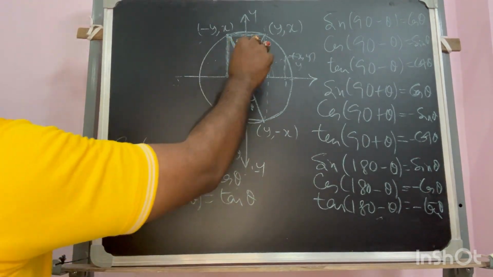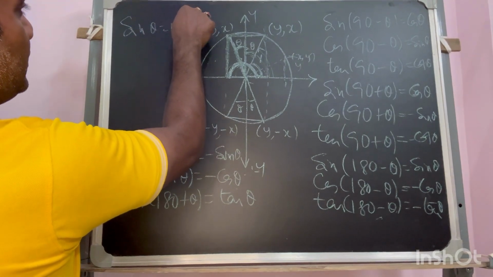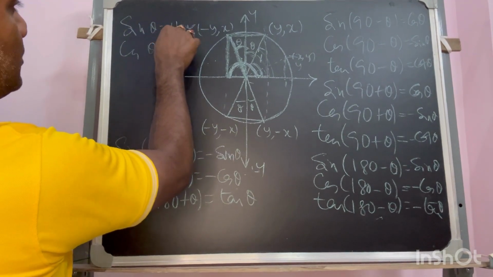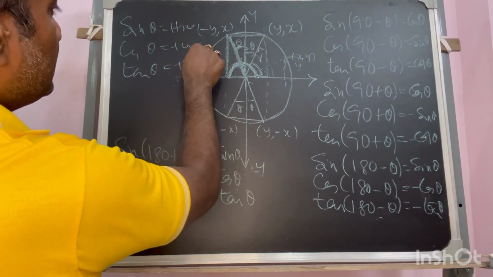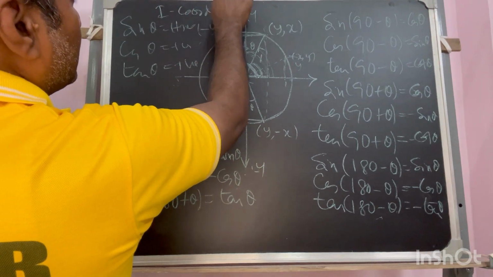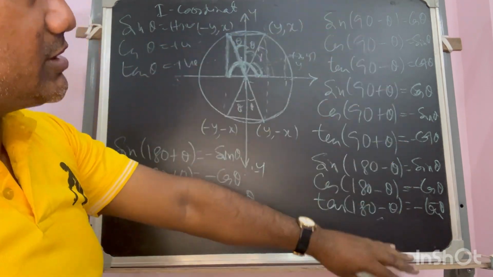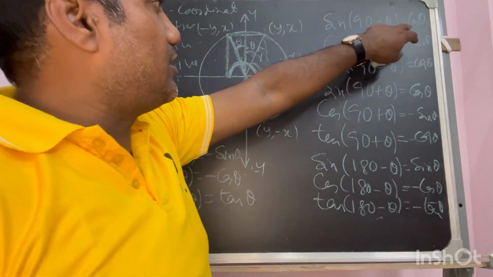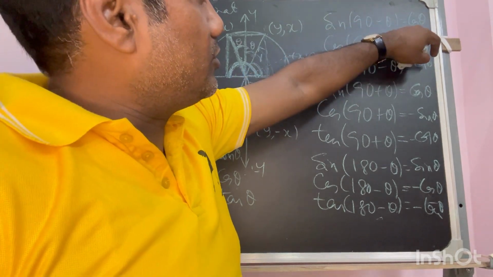On that basis, all ratios in the first coordinate are positive: sin positive, cos theta positive, tan theta positive for the first coordinate. On that basis, we have established these relations. Sin 90 minus theta will change into cos, where in the first coordinate all are positive.